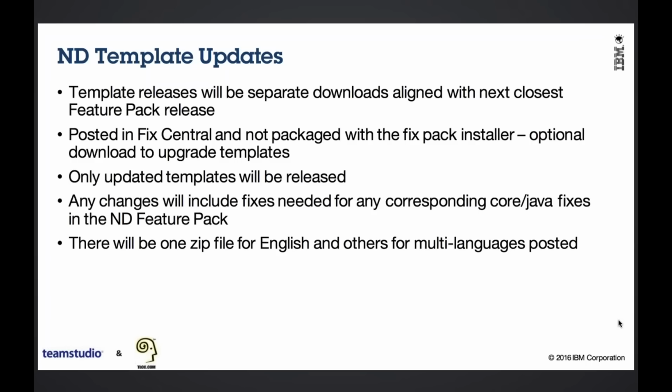So it may skip a feature pack if there's work that we're doing that doesn't require a template update. Anything Java, those types of things, will go in the feature pack, and anything associated with the template will be a separate install. There's going to be one zip for English, and then we'll have the other languages as separate zips as well. Next slide.